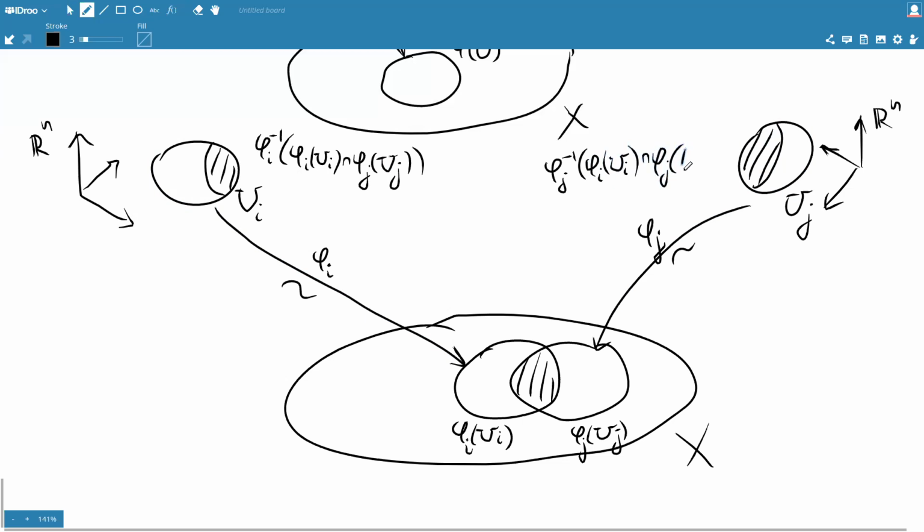Okay, so then we have a homeomorphism, since both phi_i and phi_j are homeomorphisms.